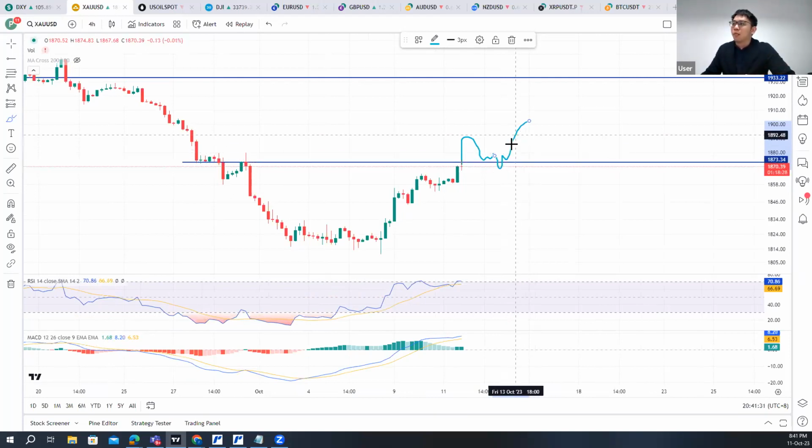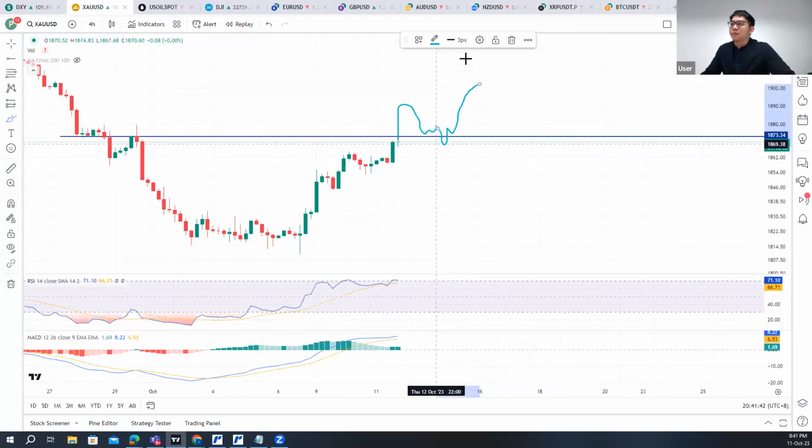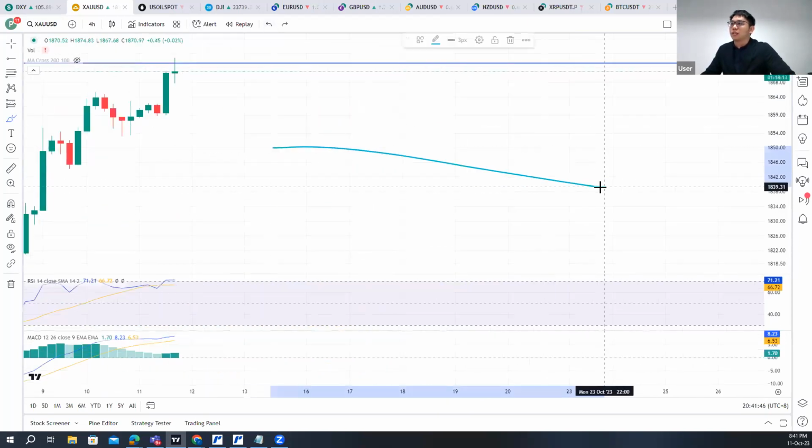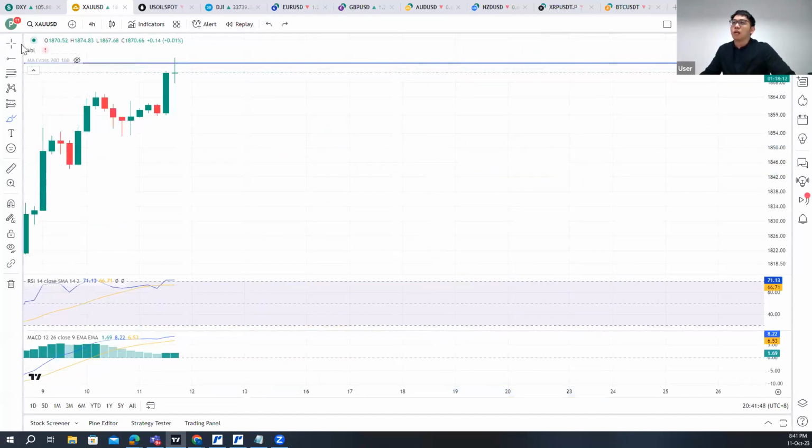We can enter a long position after the pullback, or if you really cannot wait, you want to apply a breakout, you can do so also. You can wait. Okay, it's the same. And also, you just hold on.